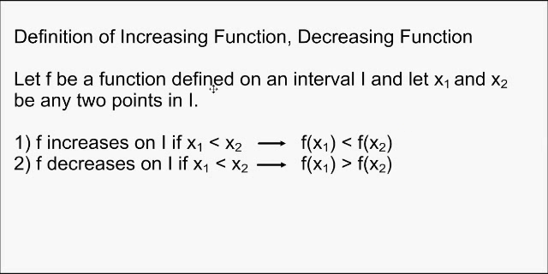So basically, your smaller x value also has a smaller y value. Bigger x value has a bigger y value. So that would be like right here. That's a really jacked up scale. Let's try this again.